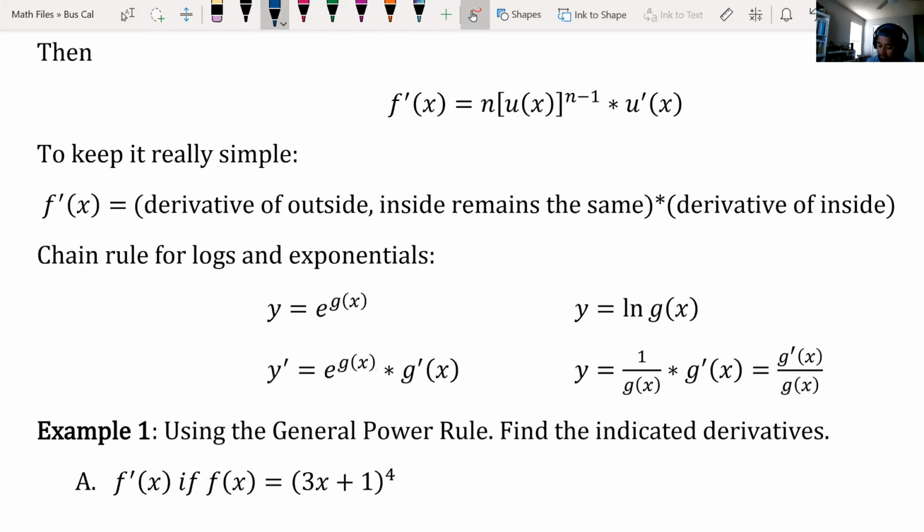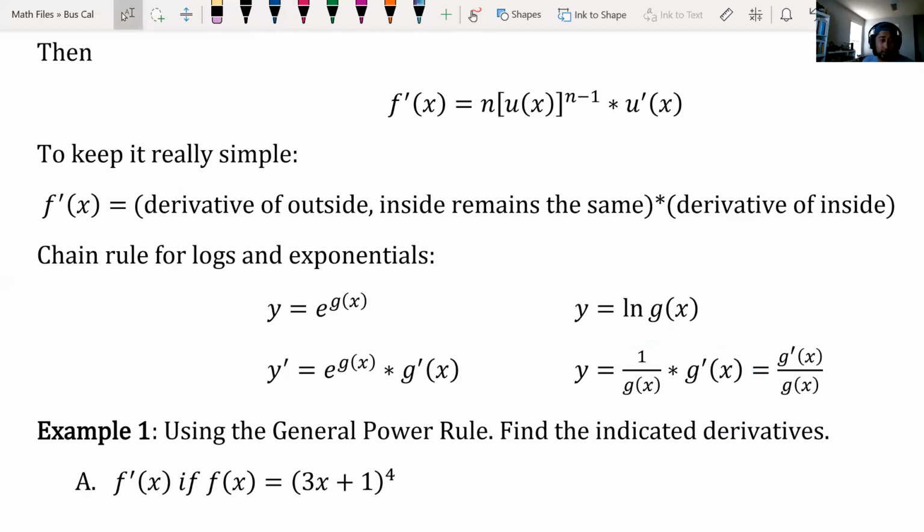And then the derivative for the natural log of g of x is going to be 1 over g of x times the derivative of g of x. Or you can put it simply, the chain rule derivative for the natural log of g of x is just going to be g prime of x over g of x. So the derivative of the inside over the inside. Okay, so we'll use these formulas as we go along.